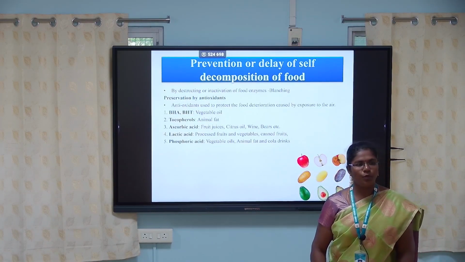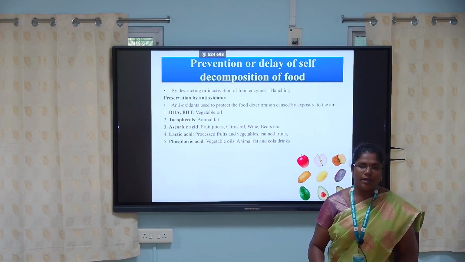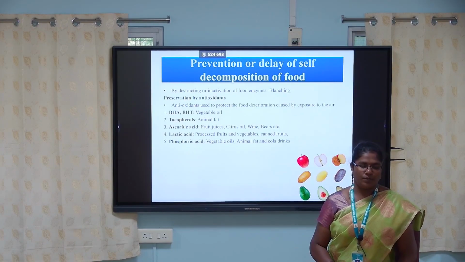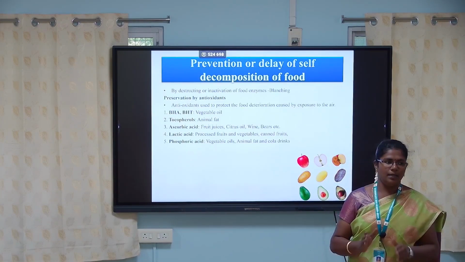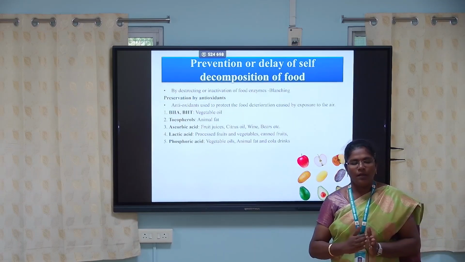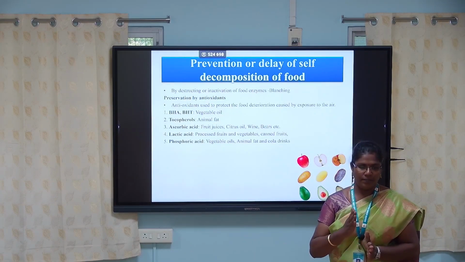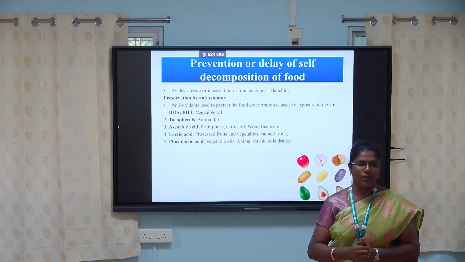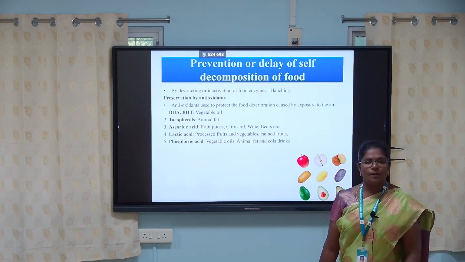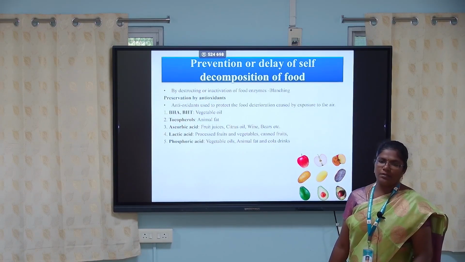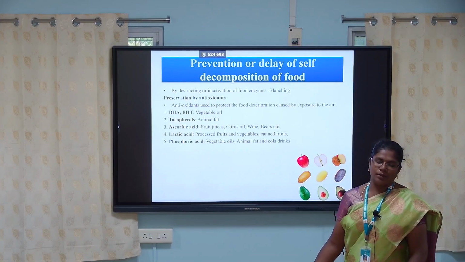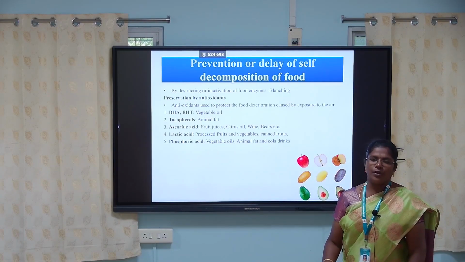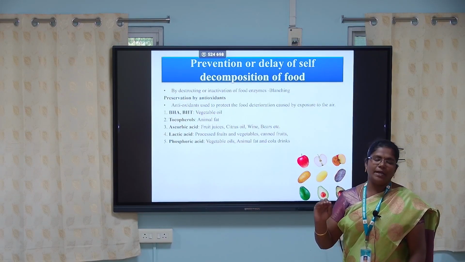Blanching is a very important technique which reduces this oxidation process. When we cut brinjal, we cut it and add it immediately into water. So blanching is a pre-treatment involved before processing of fruits and vegetables to destroy the enzymatic activity.